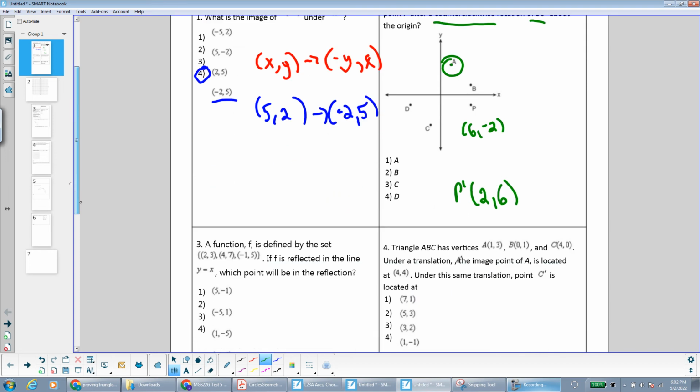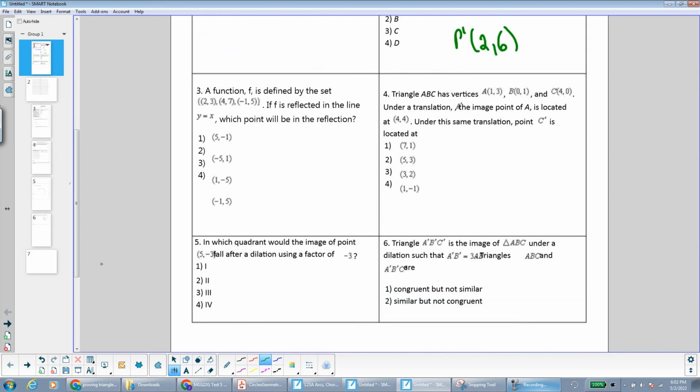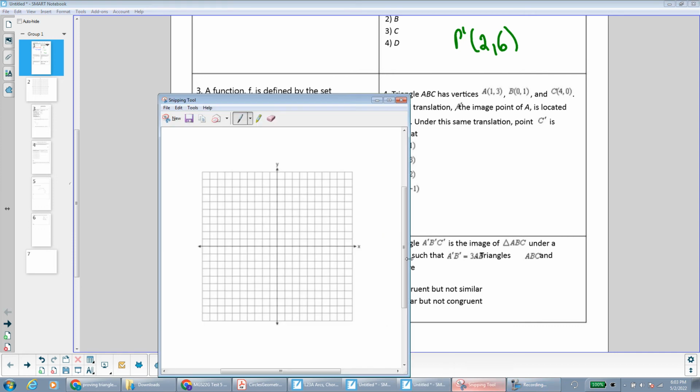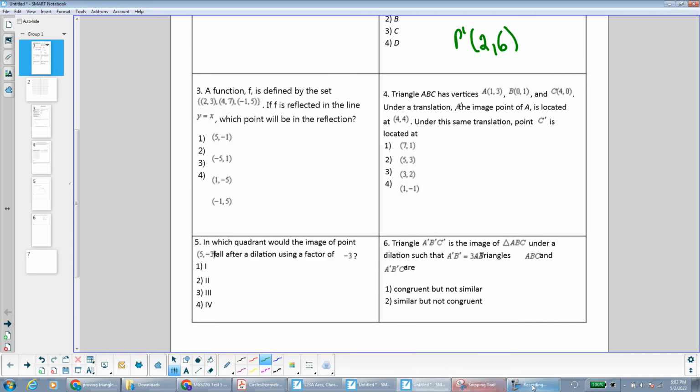Okay, moving on. For number 3, we have a function, and if f is reflected in the line y equals x, what point will be in it? We're going to do this 2 ways. We'll do it with the rules of reflections, and then we'll also do it graphically. First, with the rules of reflection, our rule for reflecting over the line y equals x is that you simply switch the order of the x and y coordinates.